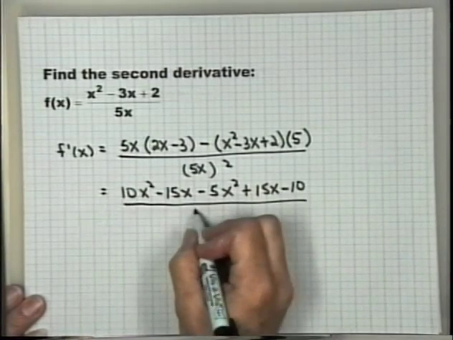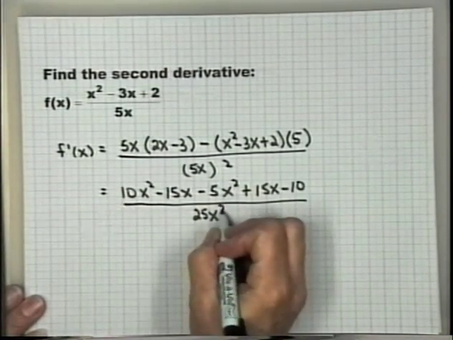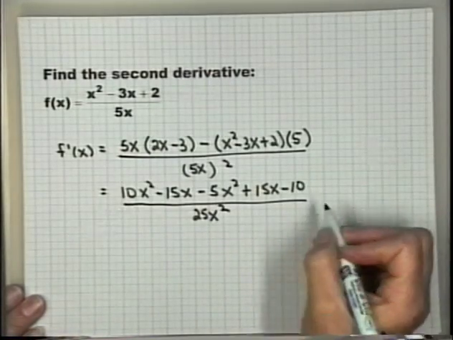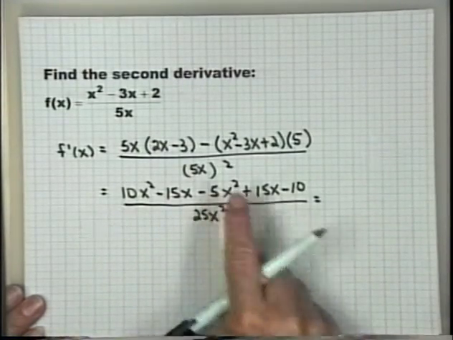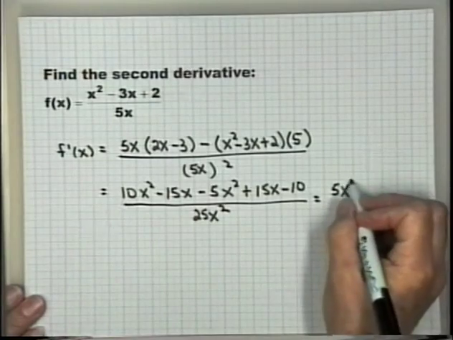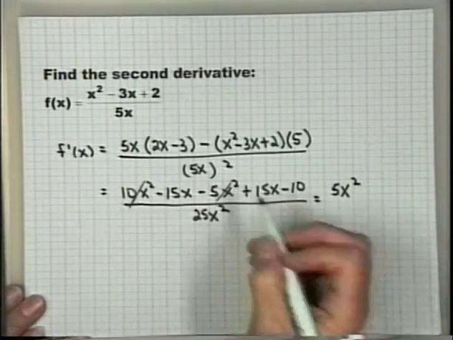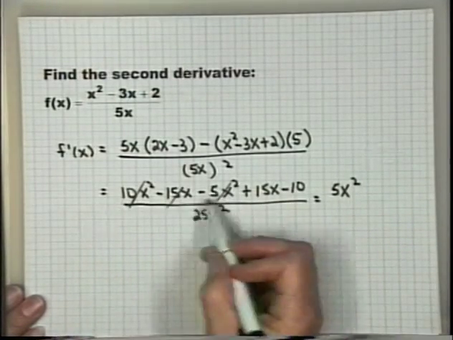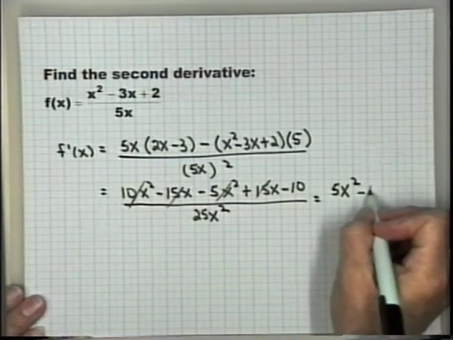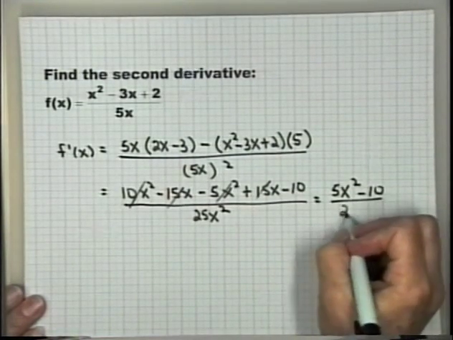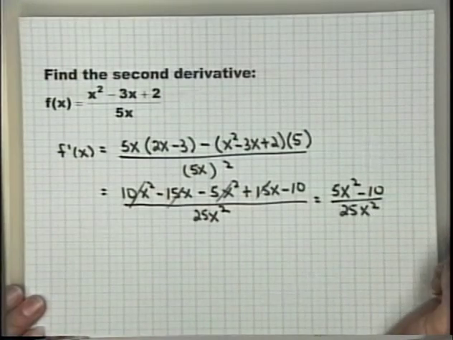All of this is over 25x squared. Well, let's keep going here. 10x squared minus 5x squared gives me 5x squared. Minus 15x plus 15x drops out, minus 10 over 25x squared.